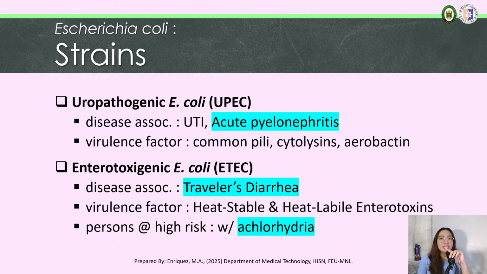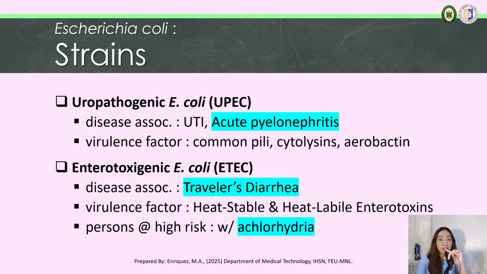Now, the reason why it was referred to as traveler's diarrhea is because when people travel to, let's say, for example, third world countries or regions that are very poor and hindi pa po ganun ka-develop yung mga water purification systems nila, their water supplies or water sources are most likely contaminated by many enteric pathogens.